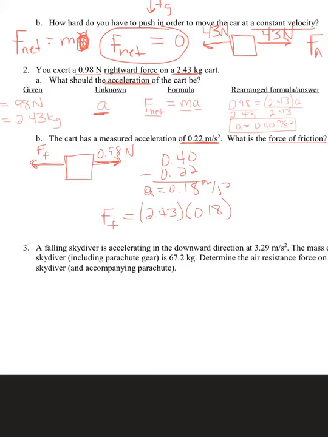So I'm going to do that really quick. 2.43 times 0.18 gives me a force in the opposite direction, so my frictional force is 0.4374, so I'll say 0.44. That means my frictional force in the opposite direction is 0.44 newtons. Again, it's a force. We measure force in newtons, so 0.44.